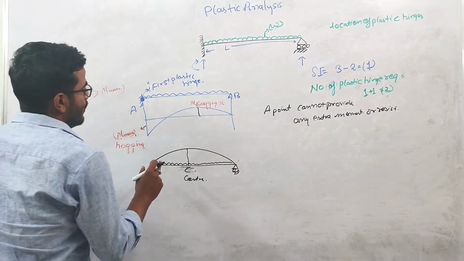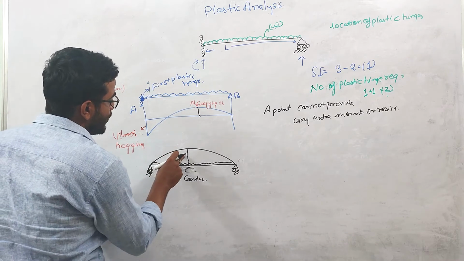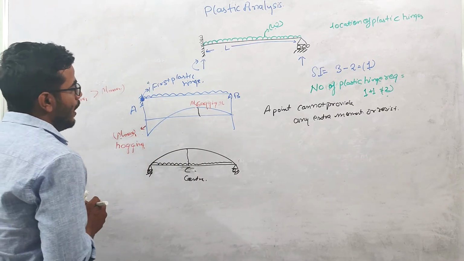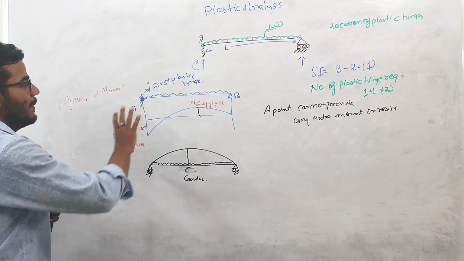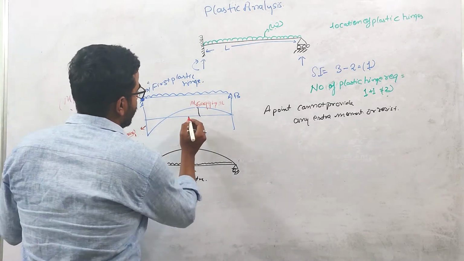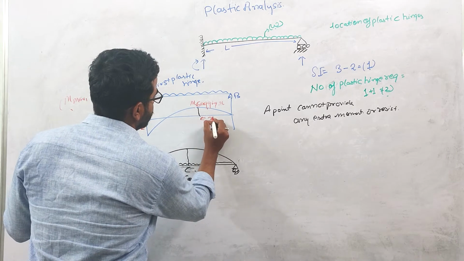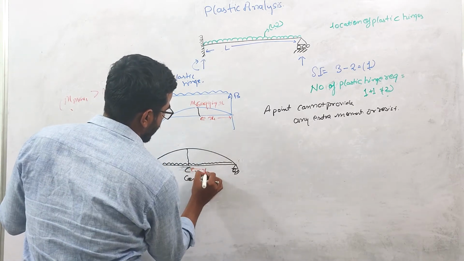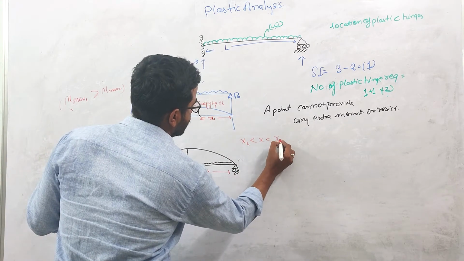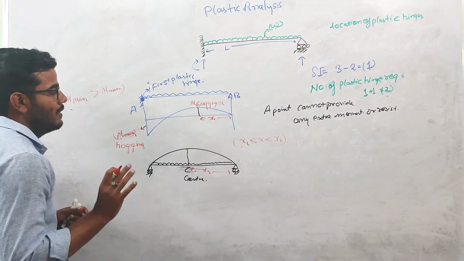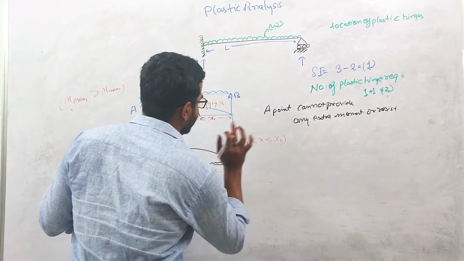Now, after the formation of the plastic hinge, the maximum bending moment is coming at this point. If we combine these two, the maximum bending moment will lie somewhere between, let us suppose, x1 and x2. It will lie between x1 and x2, so our plastic hinge will lie between x1 and x2.